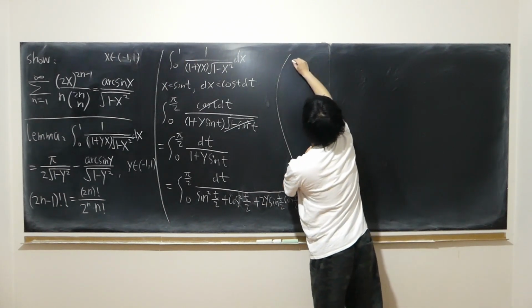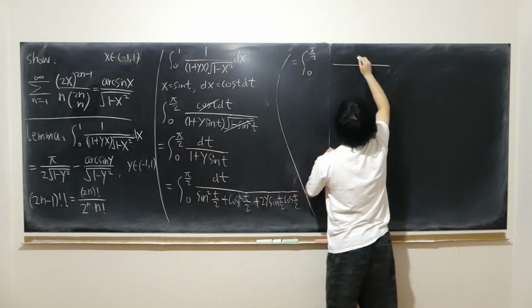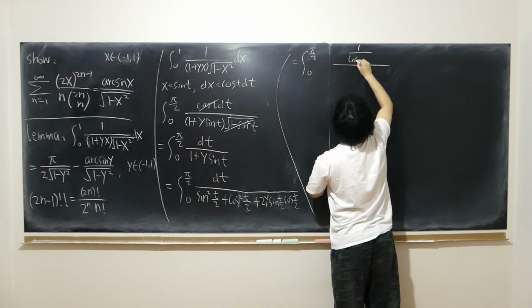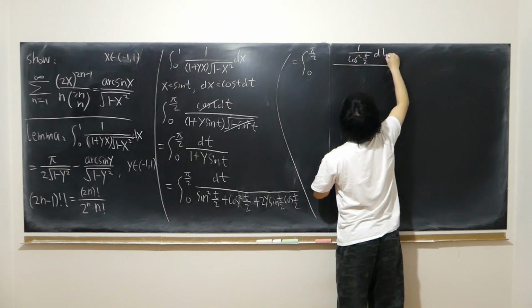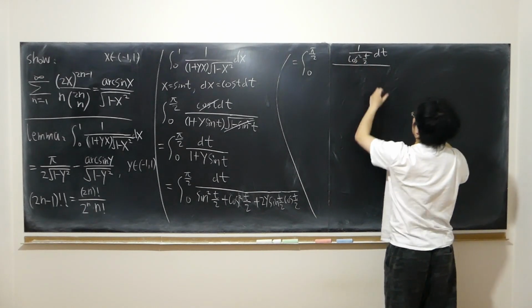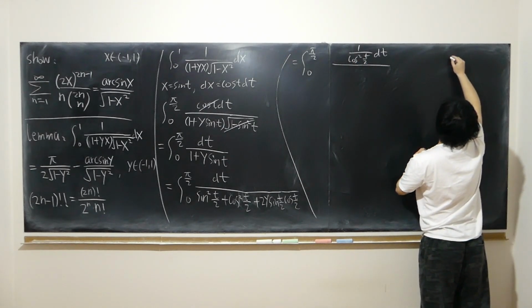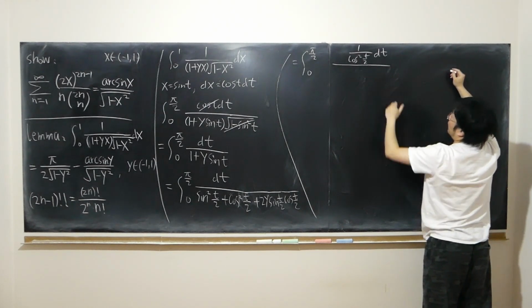So, from 0 to half pi, 1 over cosine squared half t dt. I noticed that I can use the derivative of tangent half t, times some constant.